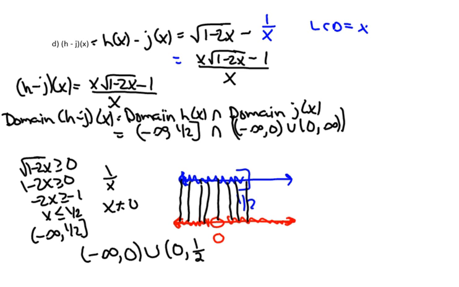Because 1/2 is in both, I can put a bracket. But I cannot go any farther to the right because nothing else is shaded in the blue region. So my domain of h minus j of x is this. If you're not sure what the domain is going to be, graph both the solution sets on a number line and see where they intersect, because it's the intersection of these two domains.